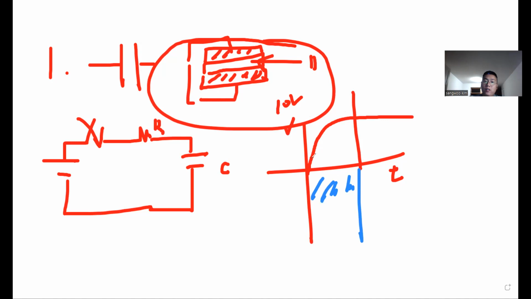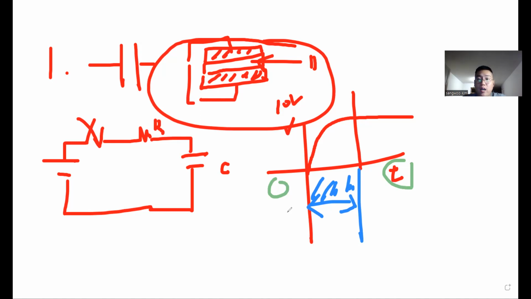In this part, only this time, the capacitor acts as a conductor, right? Which means the current is flowing. And this part is a non-conductor, the opposite.